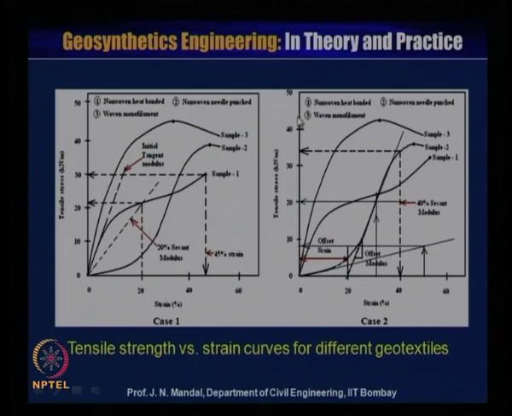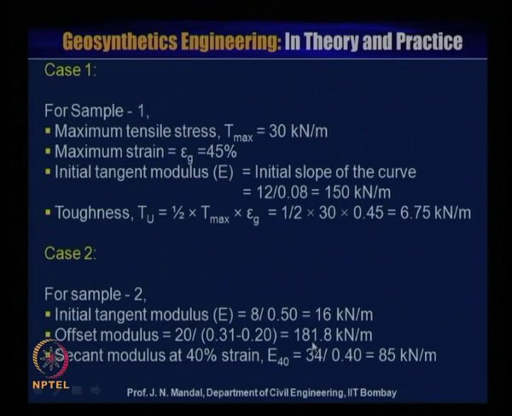It also lies between 30 and 40, so that is why it is coming 34, divided by 0.40 because 0.40 is the strain. So this will be equal to 85 kilonewton per meter.